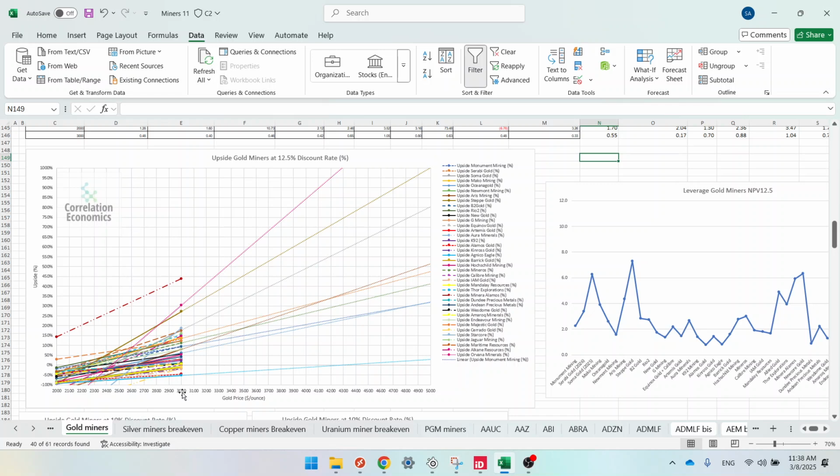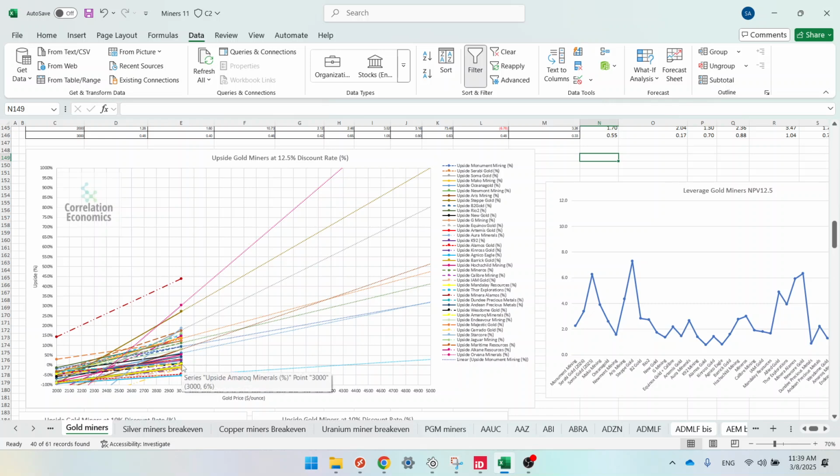So for example, if gold goes from 3,000 to 3,300, that's 10%. Okay, 10% up. And if the upside goes up 10% like this, so from 0 to 10%, then you have 1 times leverage because your gold goes up 10% and your upside goes up 10%. So that's 1 times leverage. Okay.